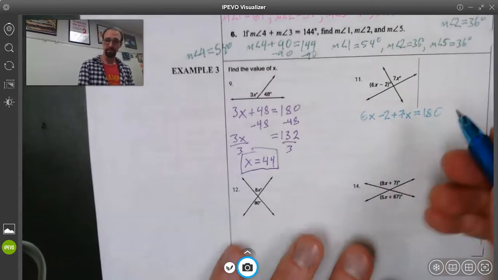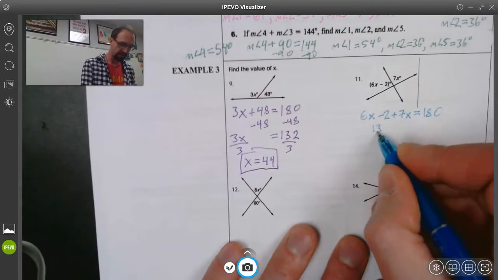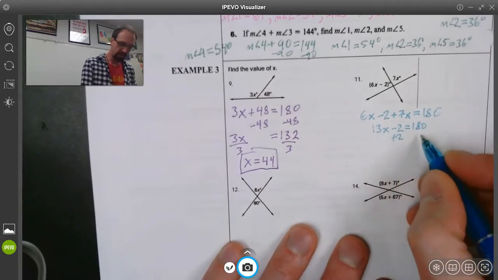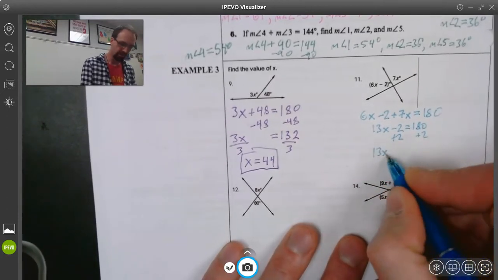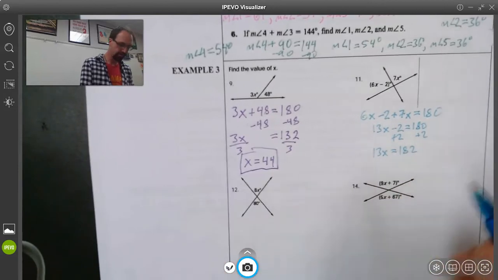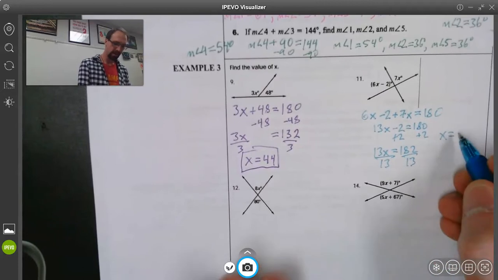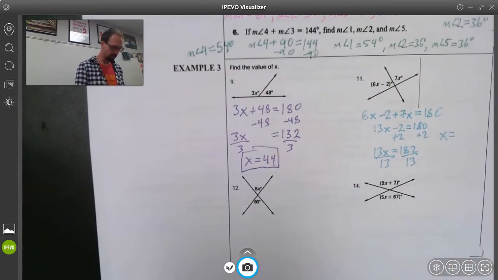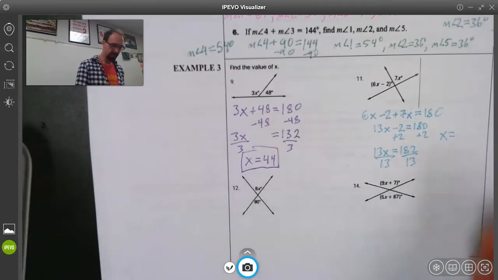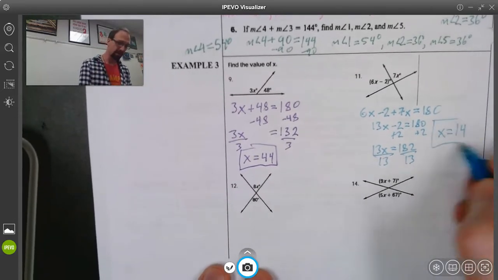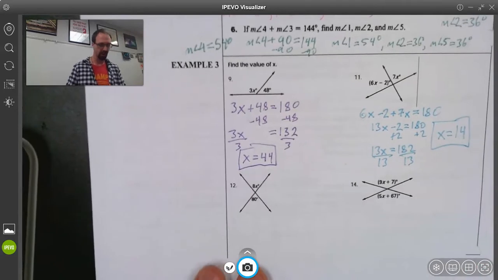Combine like terms, so 6x and 7x is 13x. Minus 2 is 180. Add 2 on both sides. So I get 13x equals 182. Divide by 13, and I get x equals 182 divided by 13, 14. So x equals 14. Again, you're not putting degrees because the degree symbol is already in the diagram.